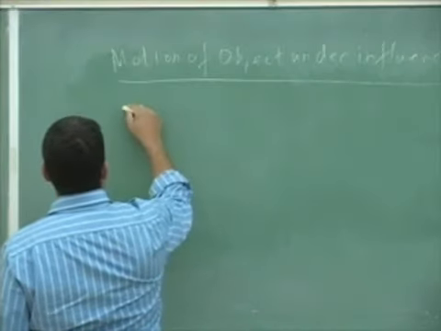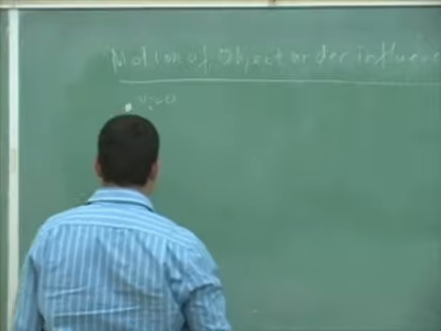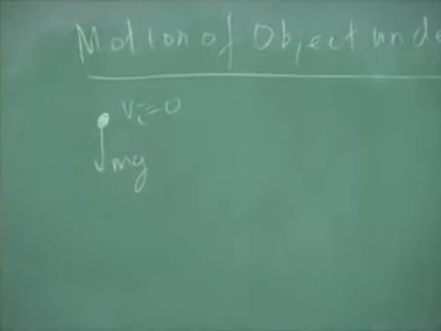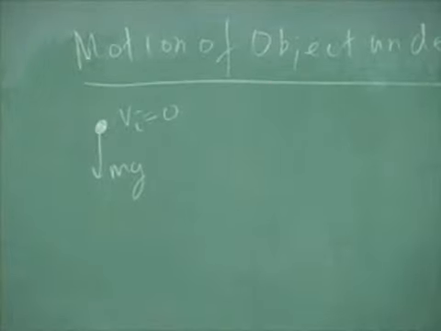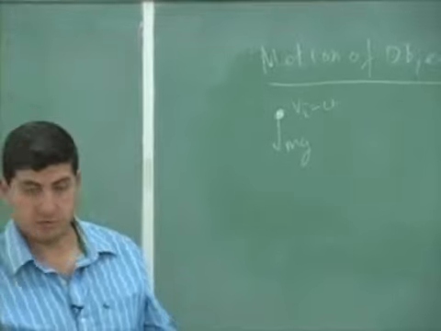Okay, so let's imagine here an object starts out with an initial velocity 0, and we let it go. Initially, the only force on it is its weight, mg. So it begins to accelerate at an acceleration of g.